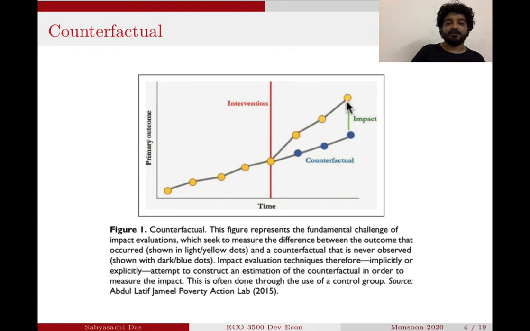This gap between the blue and the yellow at month 3 after the treatment gives you the effect of the treatment after 3 months. So in order to estimate this vertical gap, you need to first have an understanding of how to get this counterfactual.